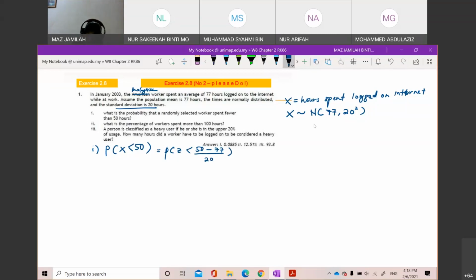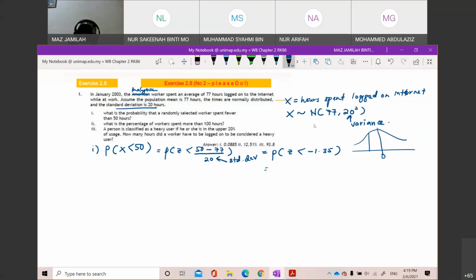Be careful, we are talking about standard deviation here, and variance is given. So in this case, you will get P(Z < -1.35).